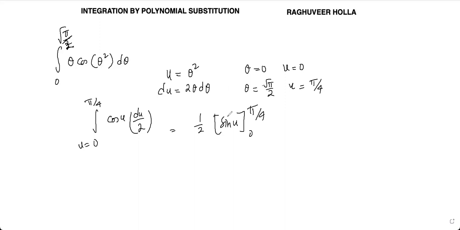Sin of pi by 4 will be root 2 by 2, minus sin 0. So which is root 2 by 4.